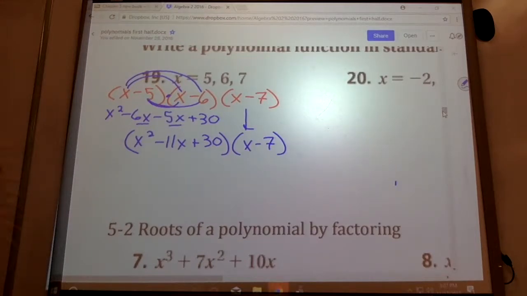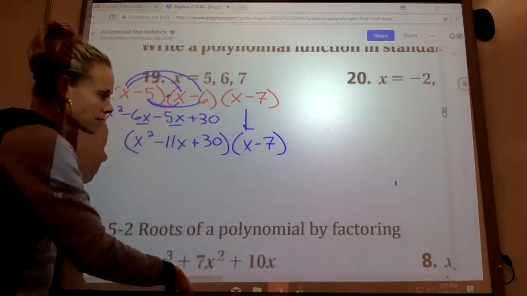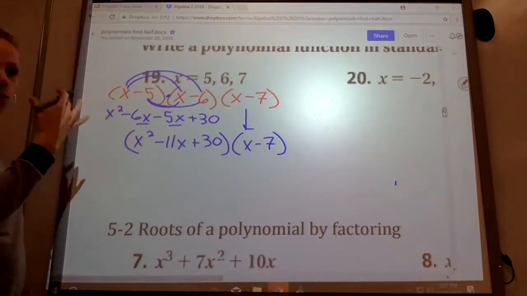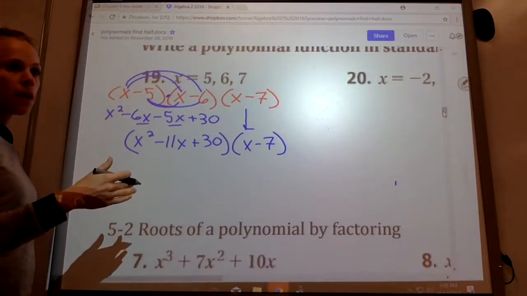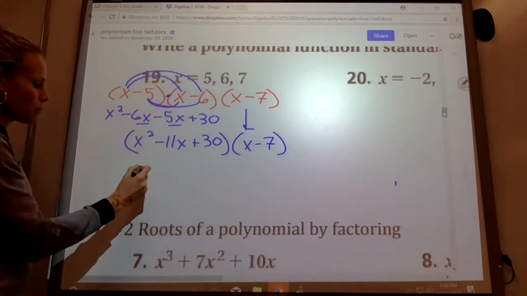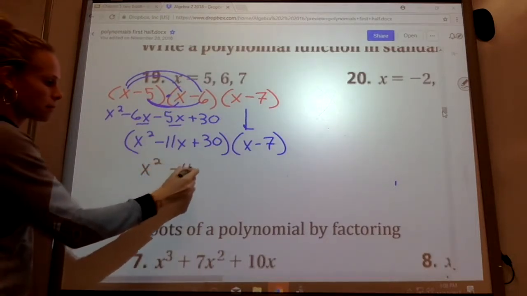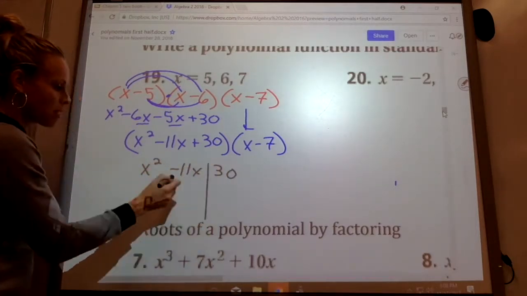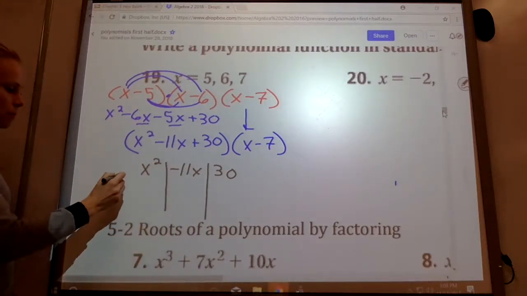Whenever I have more than a FOIL, I like to set it up in a table. I found that students make the least amount of errors and your work's more organized if you use a table. And what I mean by a table is you let one of the polynomials be your columns, and you let the other polynomial be your rows.